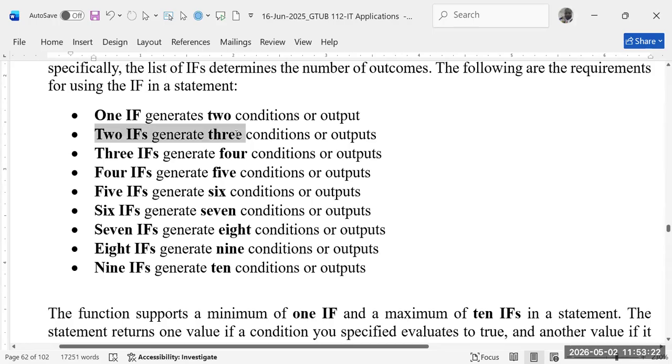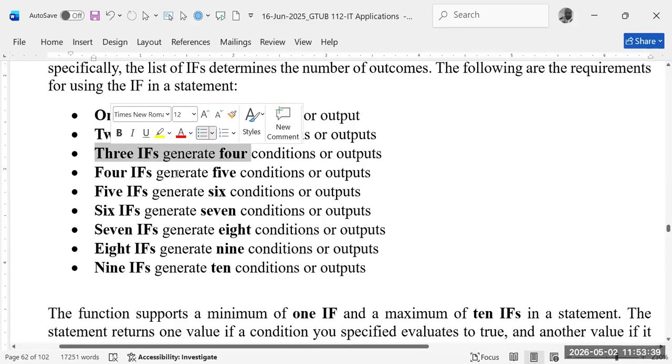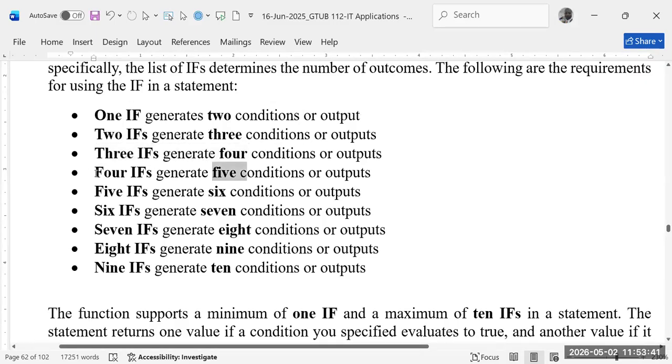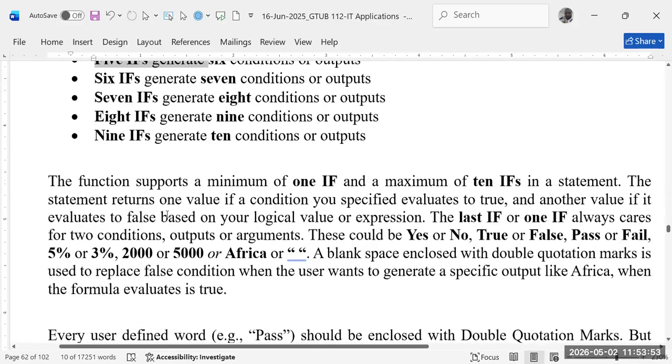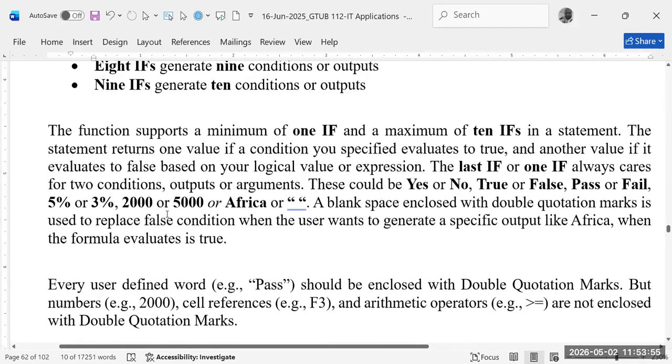If you are looking for four outputs, for example average, credit, pass, and fail, you use three ifs. If you are looking for five outputs, you use four ifs. So the number of ifs will determine the output you are looking for.